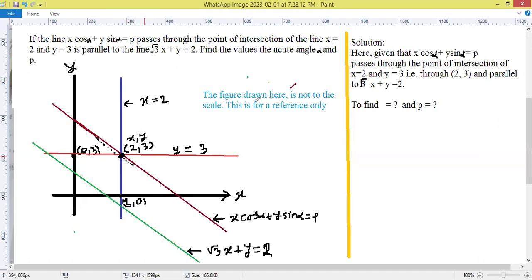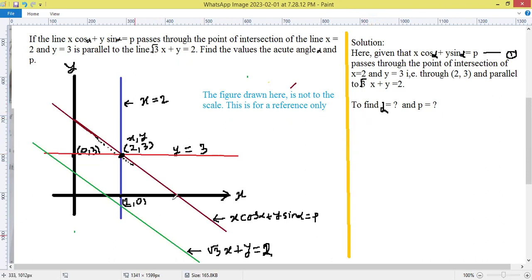Given that x cos alpha plus y sin alpha equals p, call this equation 1. It passes through 2, 3 and is parallel to the line root 3 x plus y equals 2. In this case, you have to find the value of alpha and the value of p.